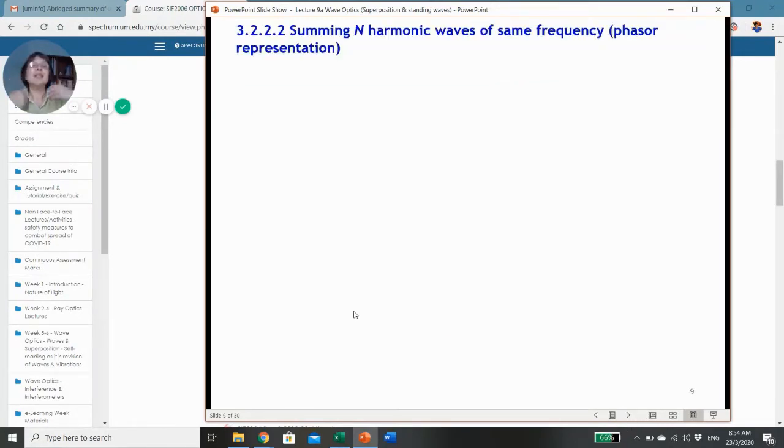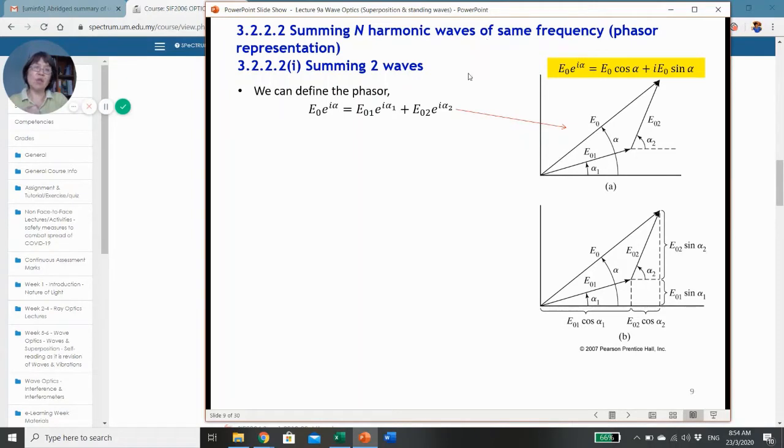How do we then sum up n harmonic waves of the same frequency? So omega is still the same, okay? So we're going to use phasor representation. But before we go into n harmonic waves, we'll start with 2 harmonic waves first. So we sum 2 harmonic waves. If you look at this, the resultant is represented by the sum of E01 exponential i alpha 1, E02 exponential i alpha 2, and the resultant is E0 exponential i alpha.